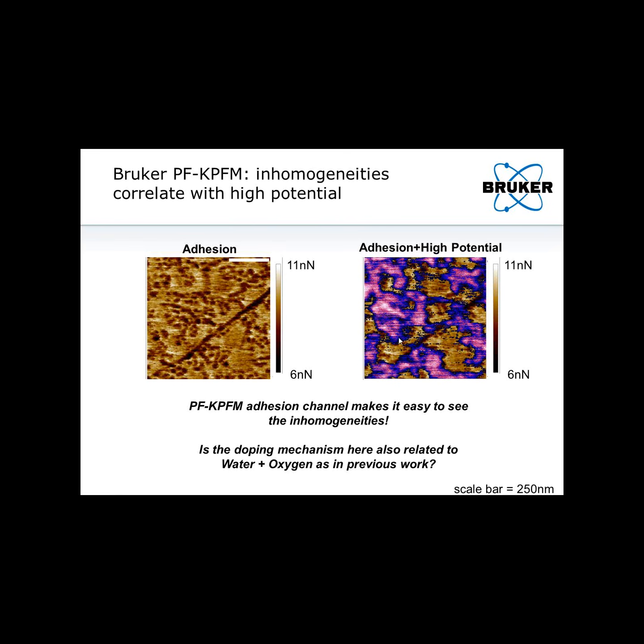It's pretty clear that the KPFM image is preferentially higher in the regions that seem to have a larger concentration of this residue, these little specks of perhaps photoresist. I'm not sure exactly what it is, but it's some sort of residue. It's not just roughness in the substrate. And interestingly enough, it seems to increase the work function of graphene.